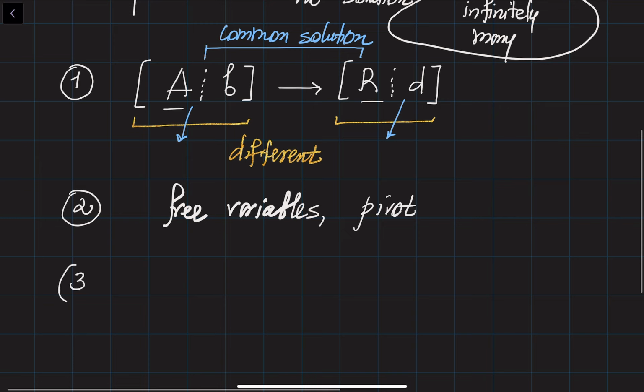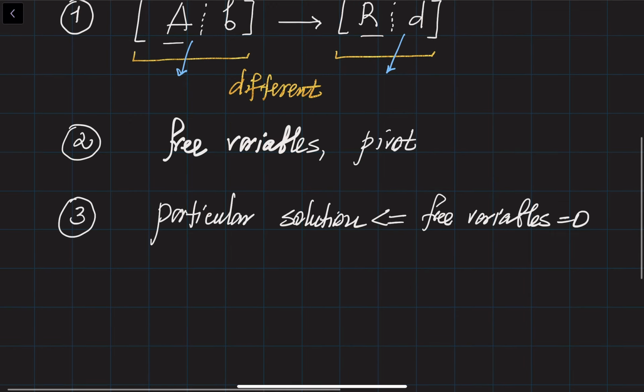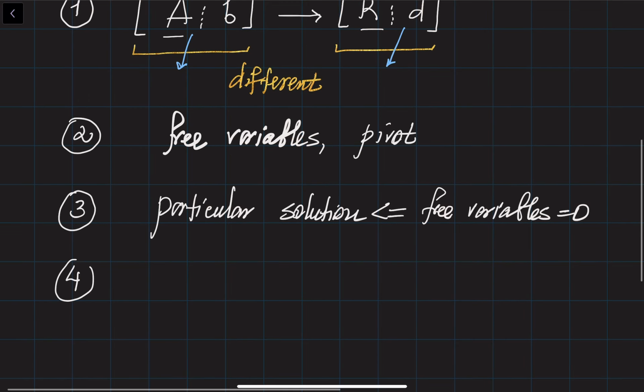So step number 3 is we are going to find the particular solution by setting all the free variables to be equal to 0. Then we are going to find the special solutions.